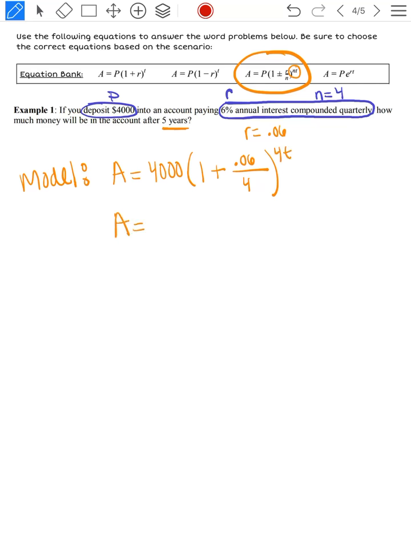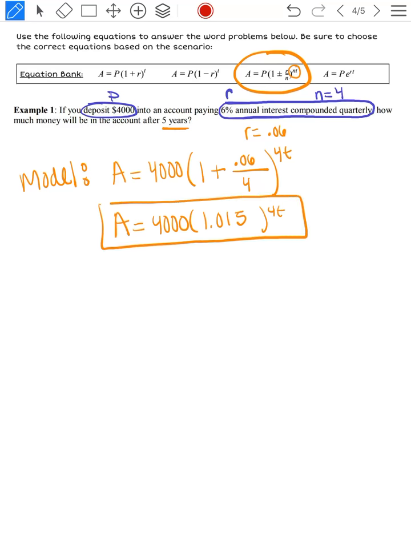T. So I'm going to simplify just the inside of my parentheses here, and then I'll have my model. So 0.06 divided by 4, and then plus 1. So that gives me 1.015. So there is my model. And now I can use my model to figure out after t years.